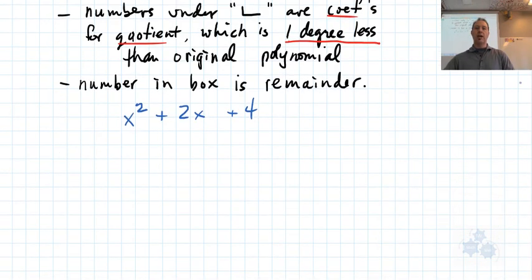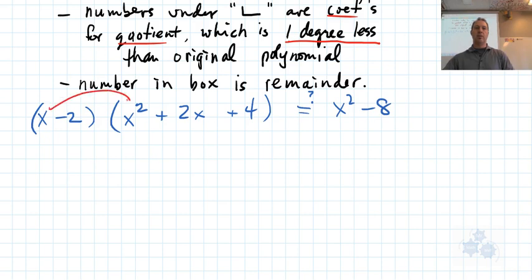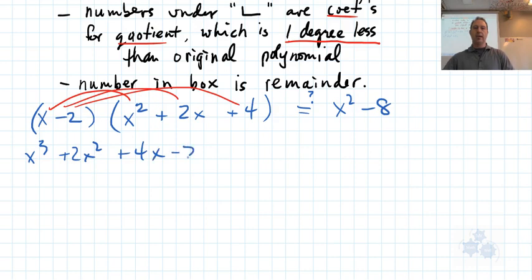And so how would we check that? Well, if you multiplied the divisor by the quotient, you should get the original polynomial of x cubed minus 8. So if we're going to test that, we've got to do some expansion here. So distribution. We have x cubed plus 2x squared plus 4x minus 2x squared minus 4x minus 8.